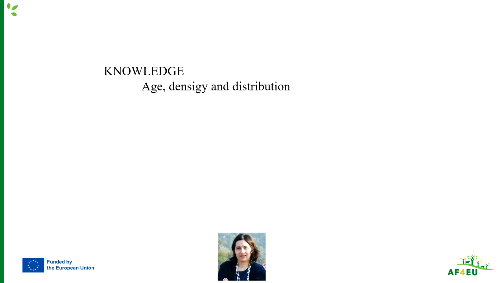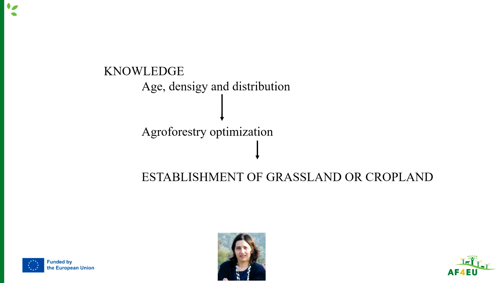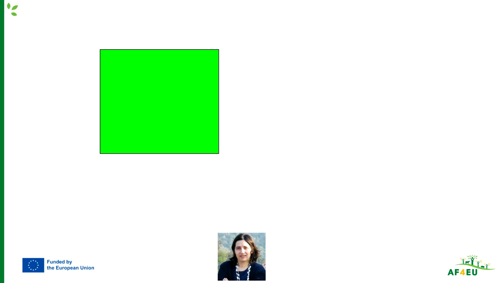When we have the knowledge of age, density, and distribution of the trees, the agroforestry optimization for silvopasture will be linked to establishment of grassland or croplands. This is because they are more productive, have better quality, and even reduce fire risk.